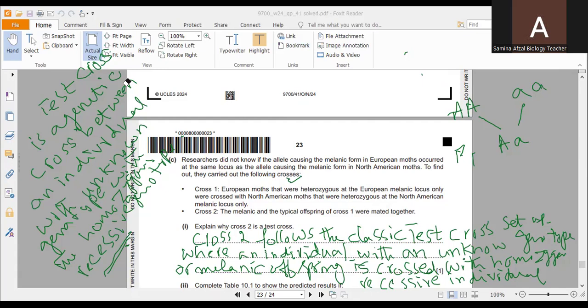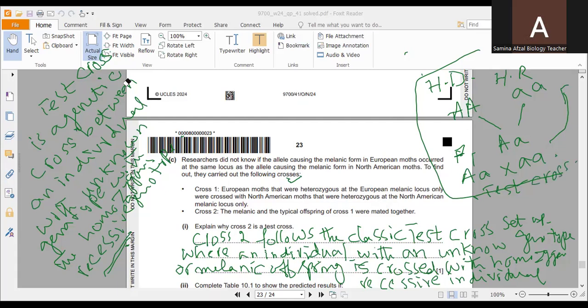So when we cross capital A, small a with homozygous recessive, they are homozygous dominant. So when we cross the F1 offspring with the homozygous recessive parents in this way, this is called the test cross.